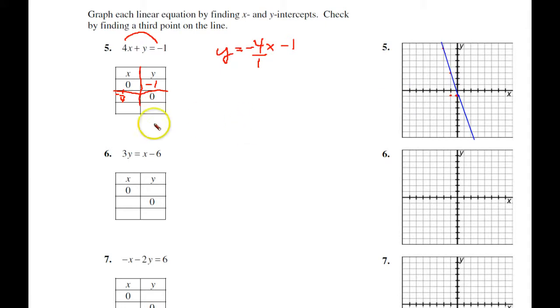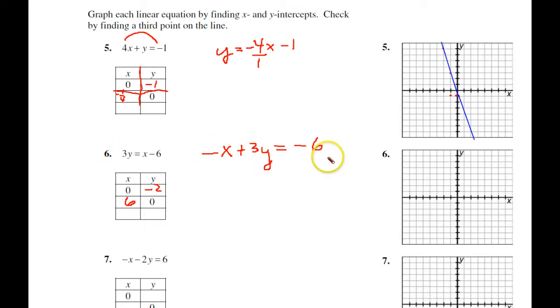Now, for something like this, this is not in standard form, so I would recommend that you put it in standard form. Bring the x over. So as I was saying, bringing the x over to the other side makes it a negative x.